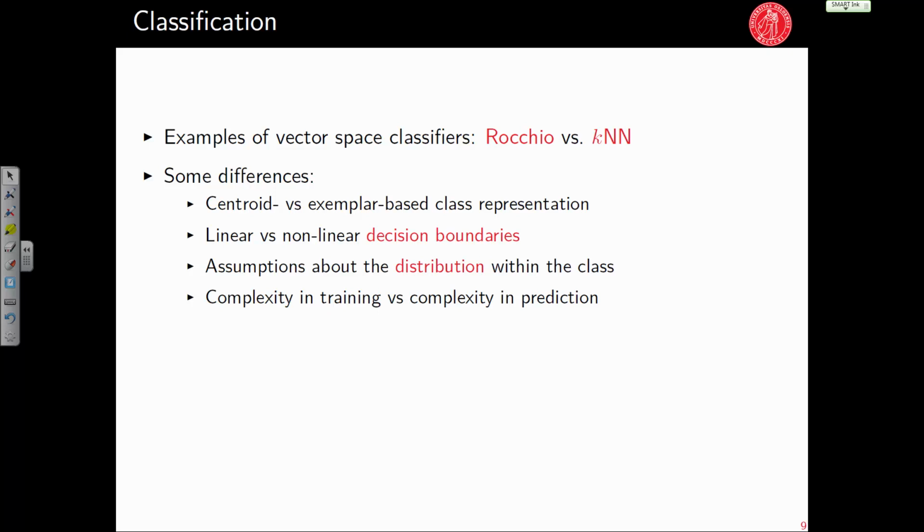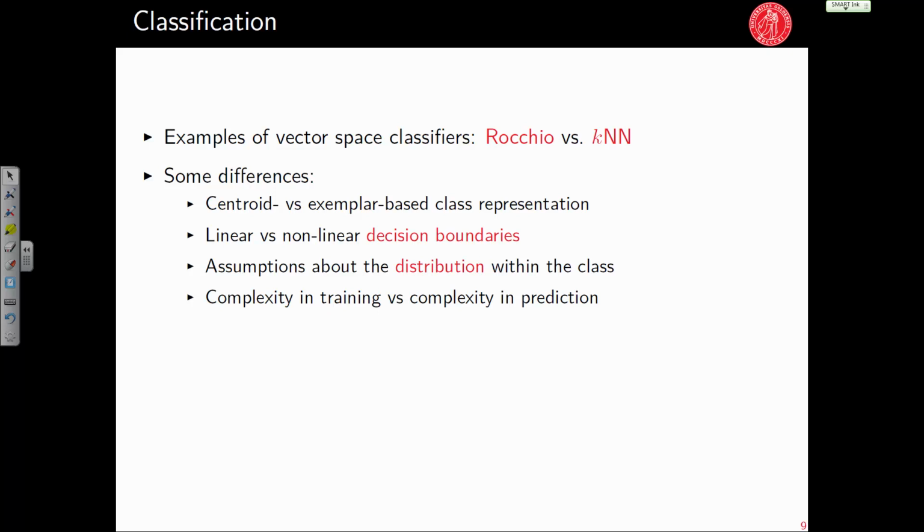Rocchio was a linear classifier, meaning that it assumes that the data is linearly separable. And linearly separable data, if you remember, means that, thinking in two-dimensional space, it is possible to draw a line that separates the points belonging to class A from the points belonging to class B. KNN is a nonlinear classifier. It has a nonlinear decision boundary. This decision boundary is based on the local distribution of the members of the different classes.